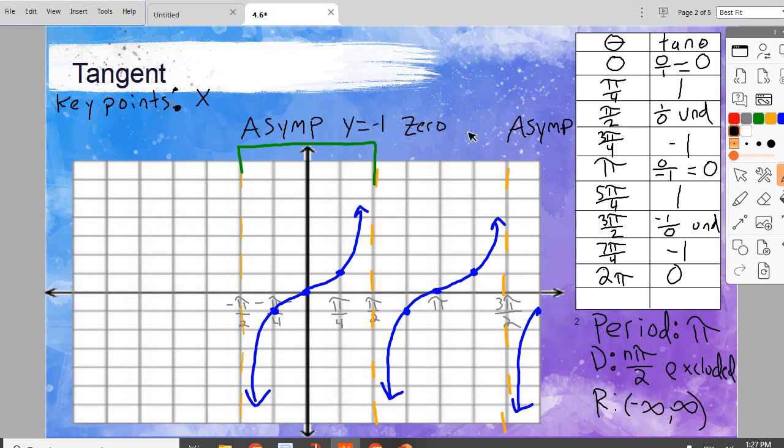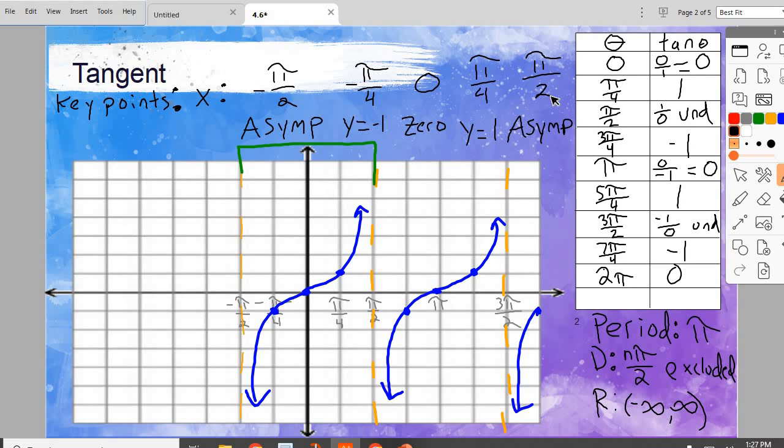So that's where y equals -1 and y equals 1. I'm also going to label these x values, because we have shifted it over. So we're starting at -pi over 2. Our next value is at -pi over 4, then 0, then pi over 4, then pi over 2. What questions do we have on that?